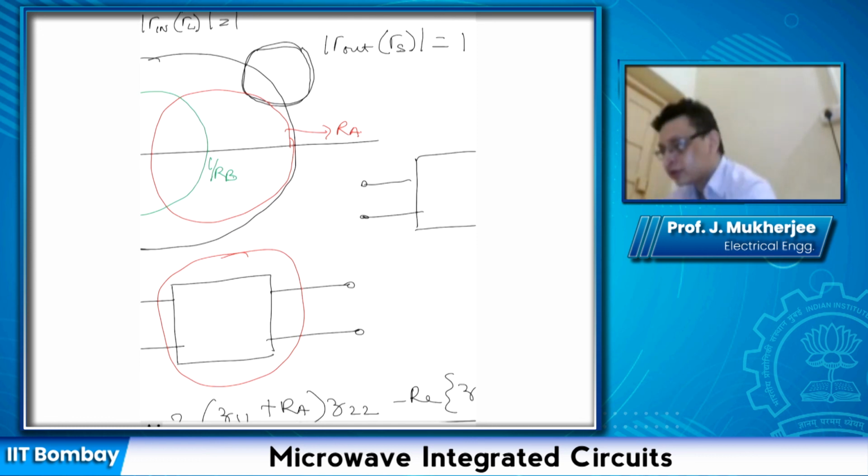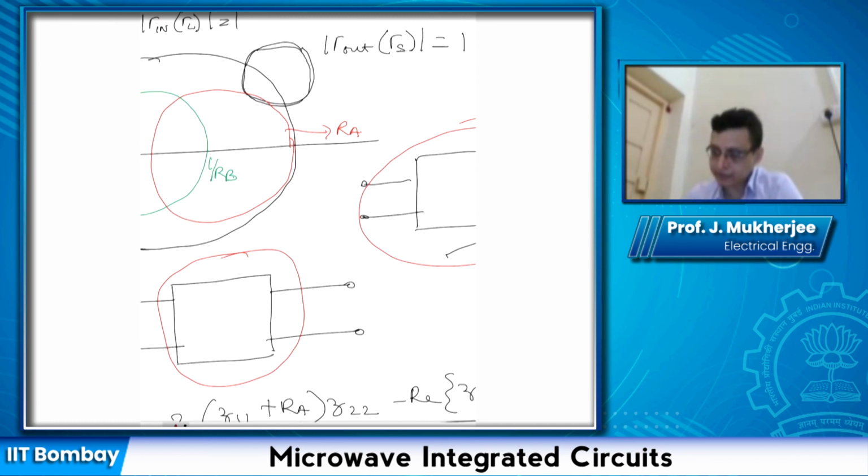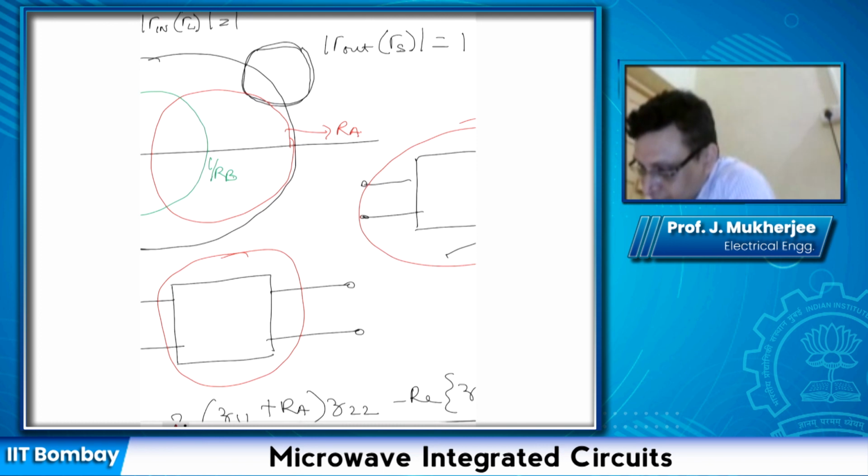So in this case also the system will go from instability to stability, where 1 upon Rb is the constant conductance circle which just touches the output stability circle. Only one of these two configurations is enough.